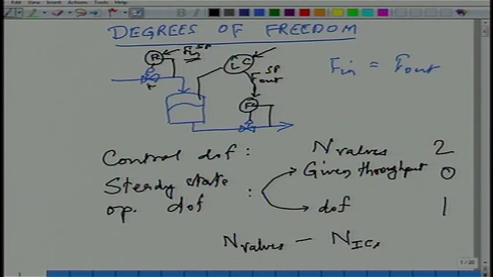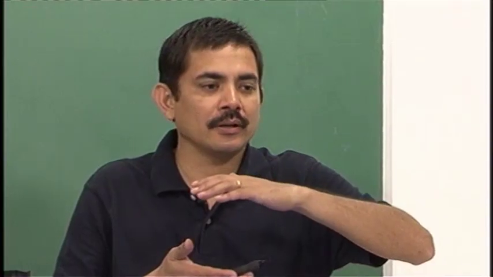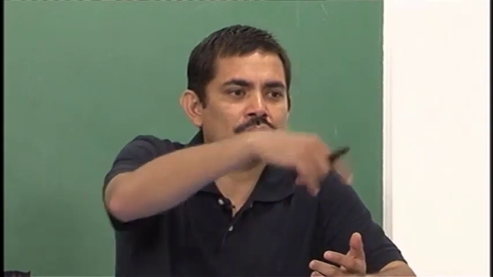Level is an indicator of liquid inventory. You could also have component inventories, you could have gas inventories. What is the sign of gas inventory? Pressure. Pressure is increasing, that means the gas held up in the unit is increasing. So there are different kinds of inventories. You could have how many cars are there in your storehouse or in a parking lot in a dealership. That is the inventory of cars, right.